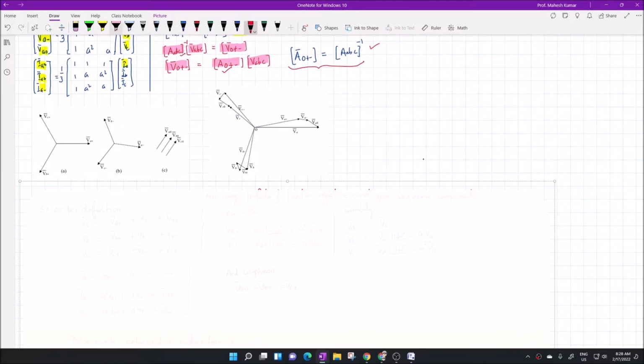As you can see from here, this is Va plus, this is Vb plus, this is Vc plus. This sequence is ABC in fact, so we can call it the ABC sequence or positive sequence.